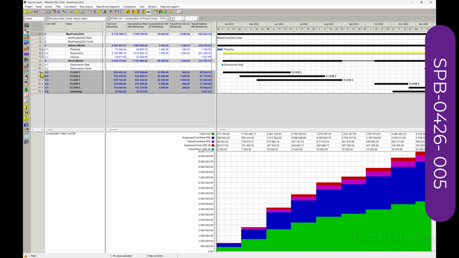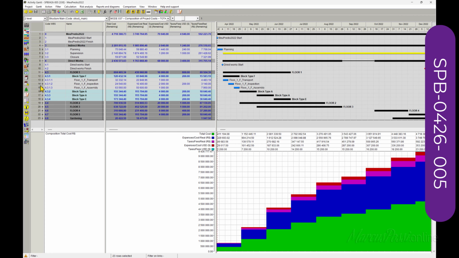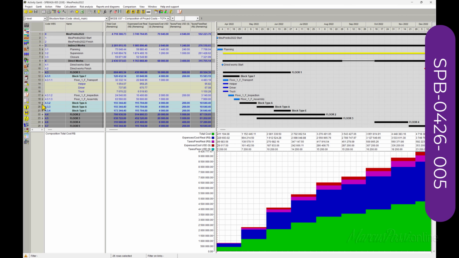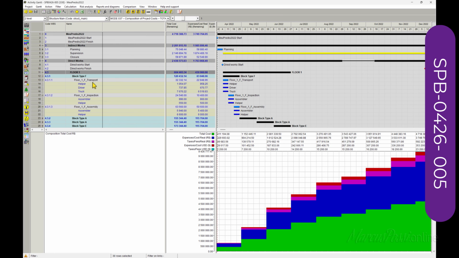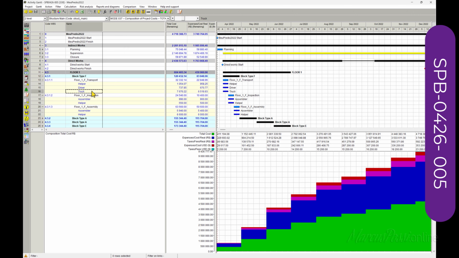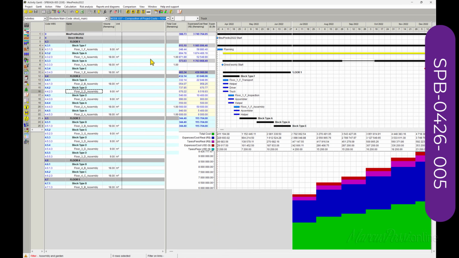So in flow 1, block F, you may see not only your resource, but also the materials you assign to them. Allocation of materials.